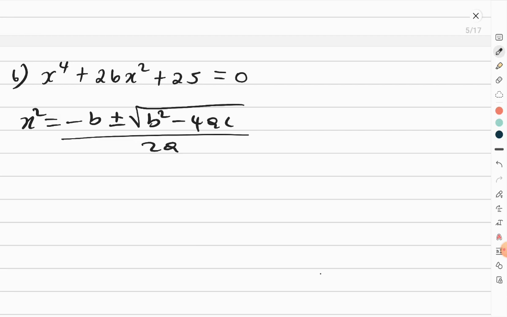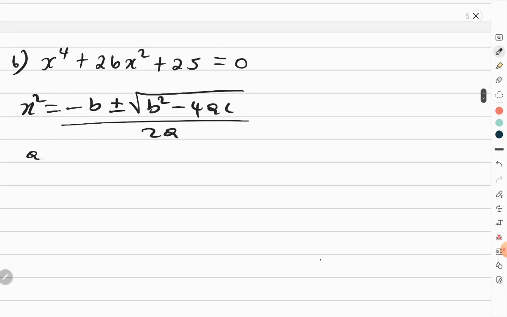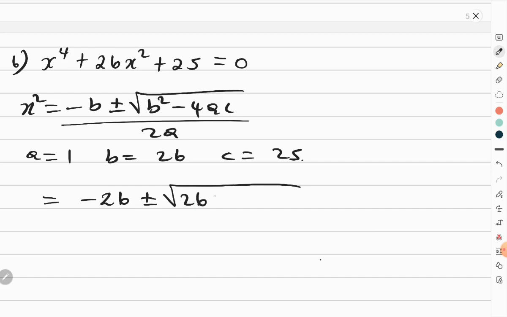Now we have a equal to 1, b equal to 26, and c equal to 25. So we have negative 26 plus or minus the square root of 26 squared minus 4 times 1 times 25, all divided by 2.